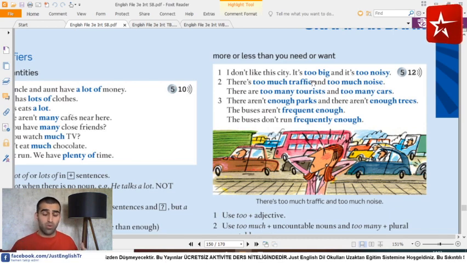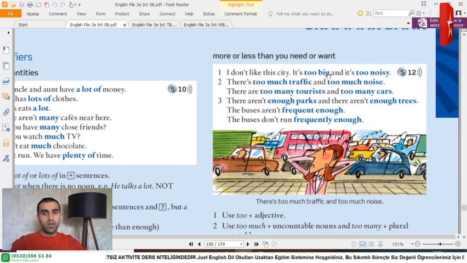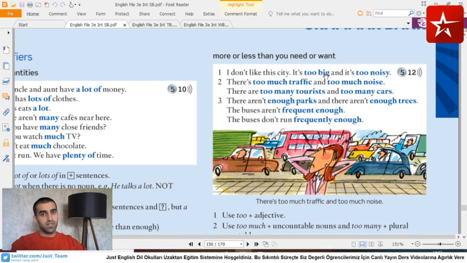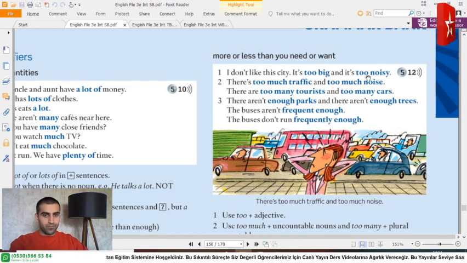It is too big. It is too noisy. Okay, we have noisy and too noisy. So after too, we must use an adjective. We shouldn't use any noun after too here. Too big city, we shouldn't use. Okay, too big or too noisy.